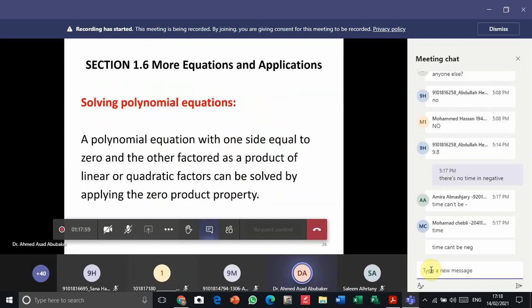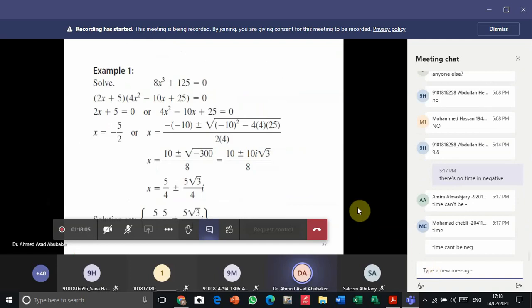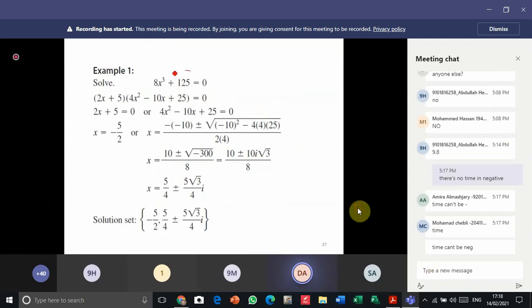Now we have many polynomial equations like this. If we need to find the solution for this polynomial equation to the power 3, we can solve it in many ways. One of these ways is factorization of this equation.